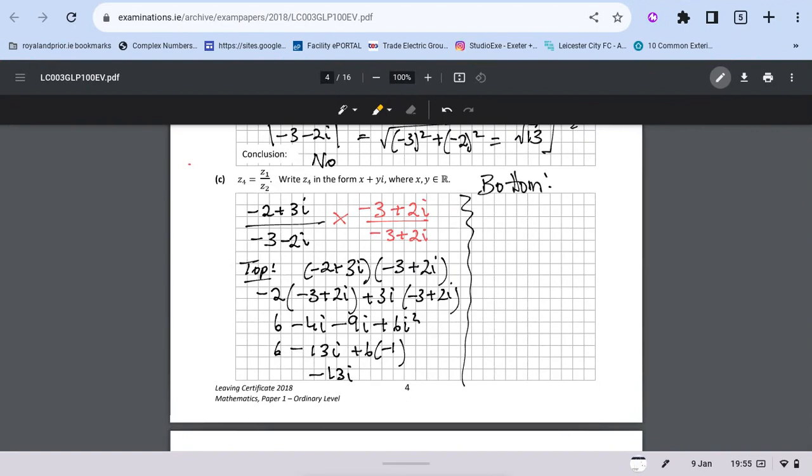And when you multiply this at the bottom, we should end up with just a number. Burst your brackets. And multiply it out.